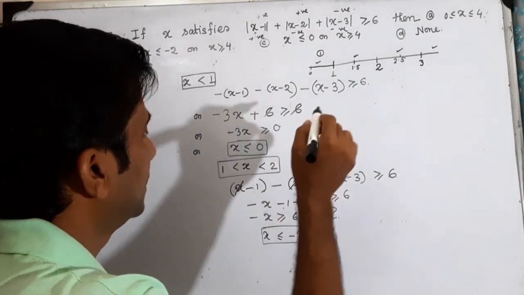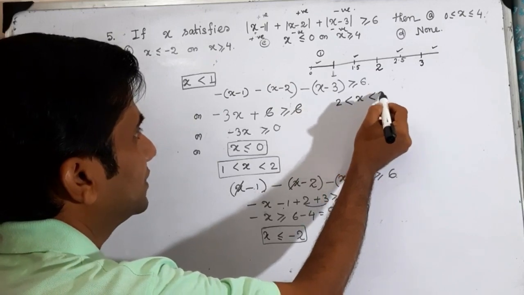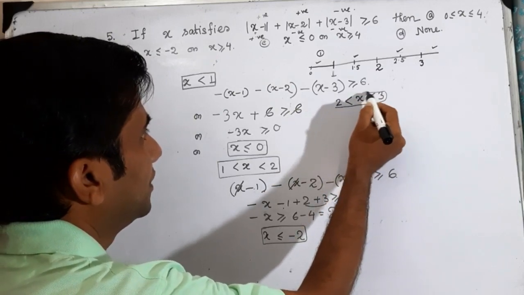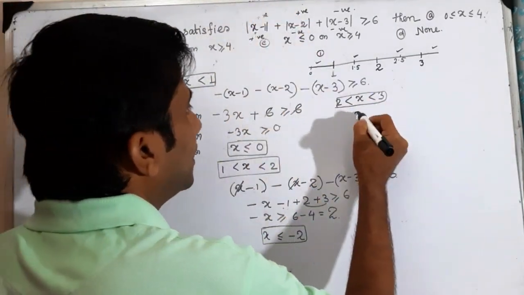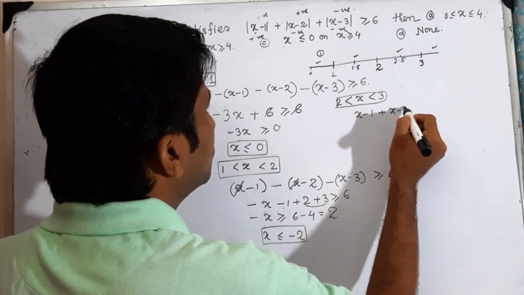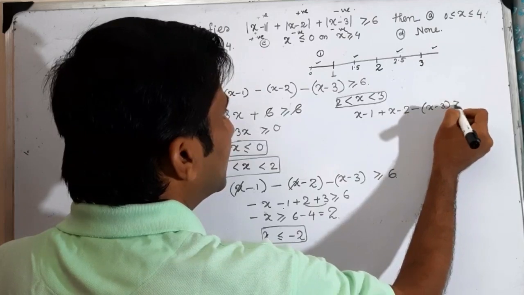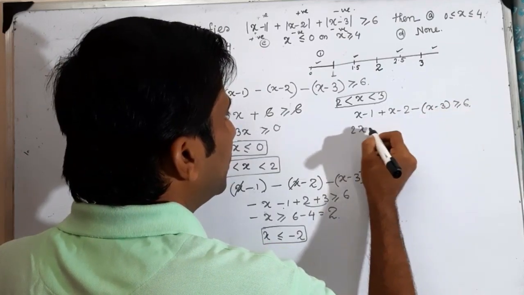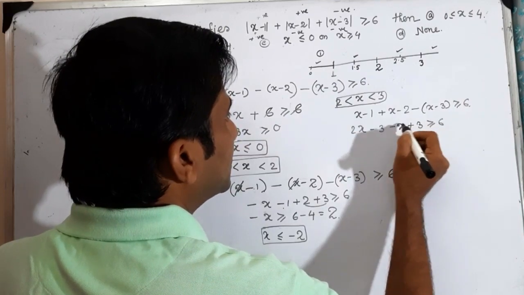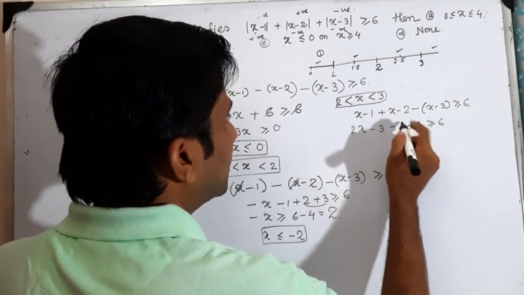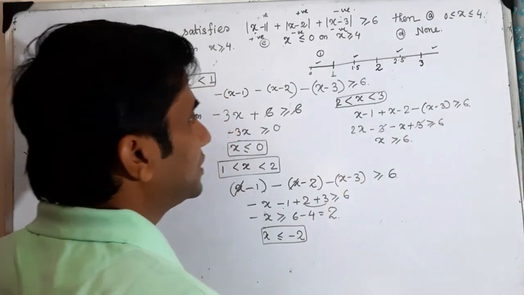So if you take the value 2 less than x less than 3, then it becomes x minus 1 plus x minus 2, which is positive, and minus of x minus 3, which is negative, greater or equal to 6. That is 2x minus 3 minus x plus 3 greater or equal to 6, so x is greater or equal to 6.